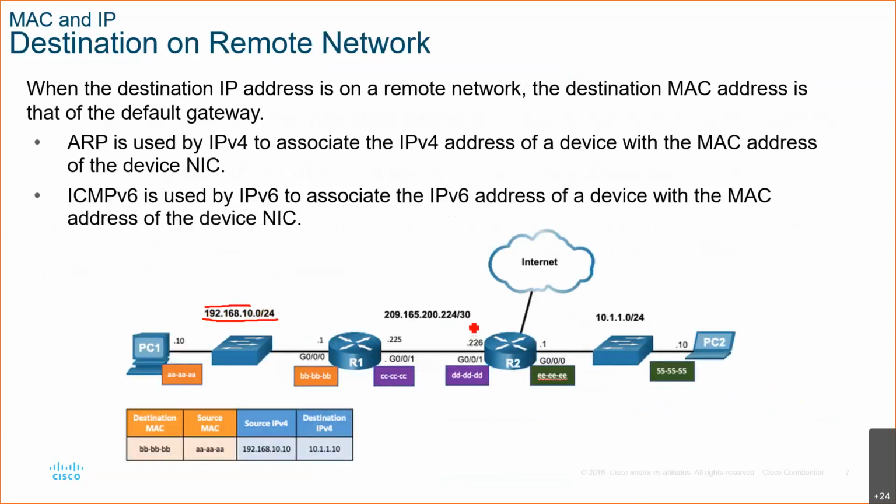This one: network address is 30 bits and host is 2 bits. Remember, over here, what would be the subnet mask for this?